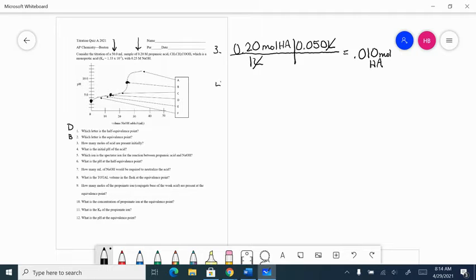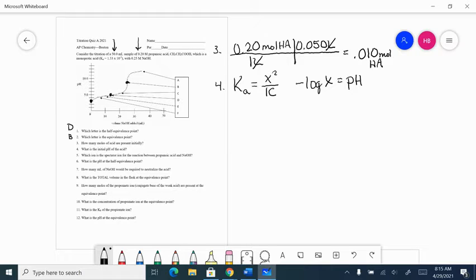Number 4 says, what is the initial pH of the weak acid? So the initial pH, if you remember, you can do your ice chart if you need to, but the general formula is the Ka for weak acid is equal to x squared over the initial concentration. And then you do negative log of x to get the pH.